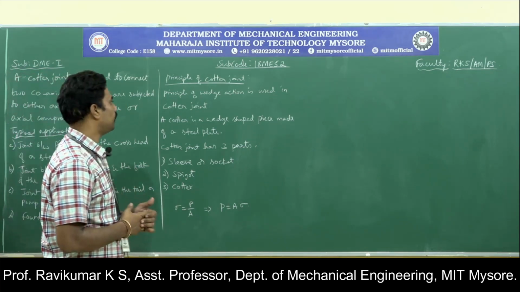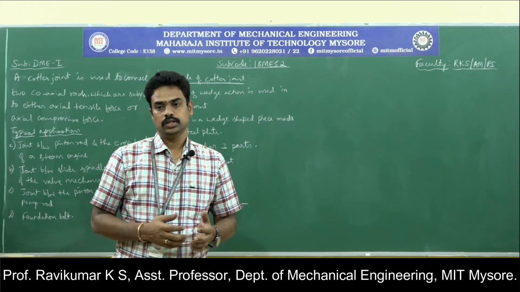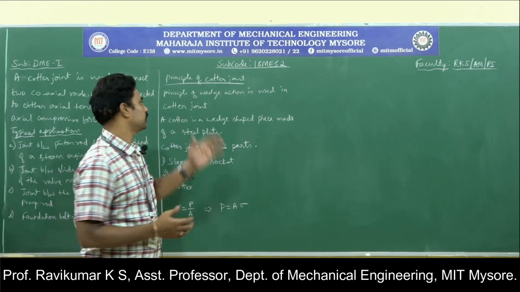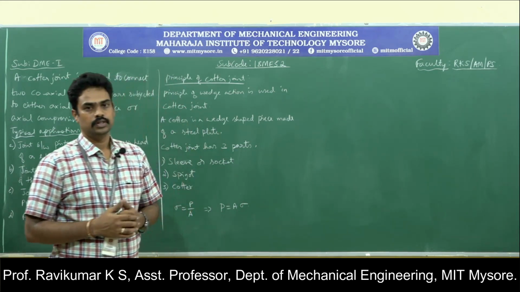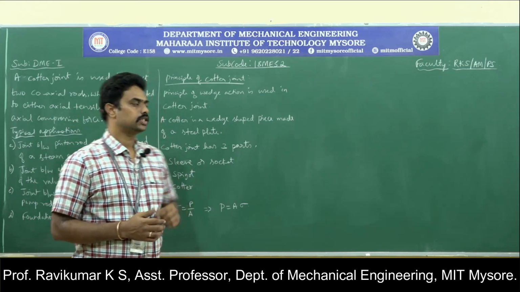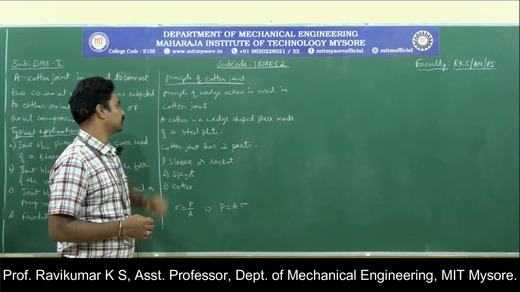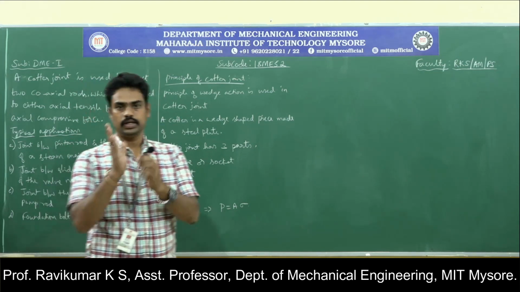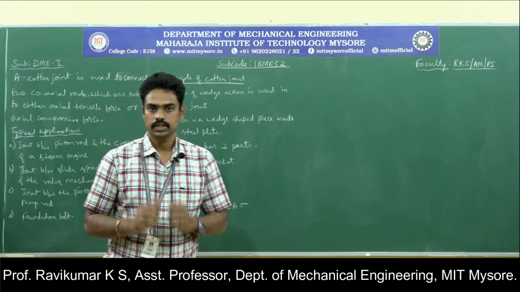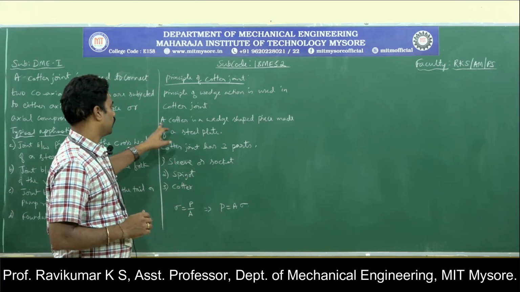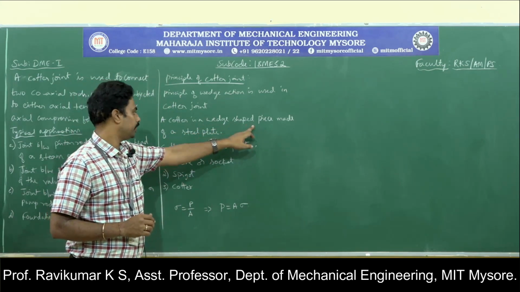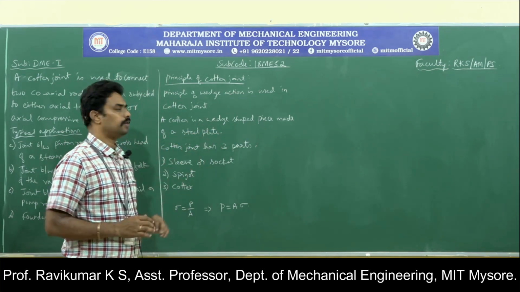The principle of the quarter joint is the wedge action. A wedge means something tapered in section. A quarter is a wedge shaped piece made of a rectangular plate.